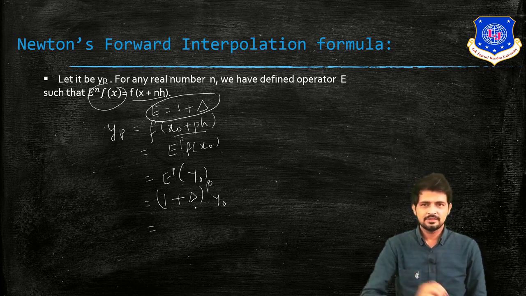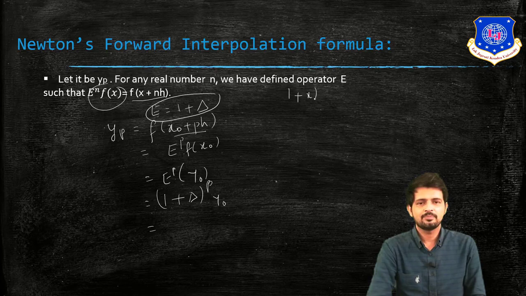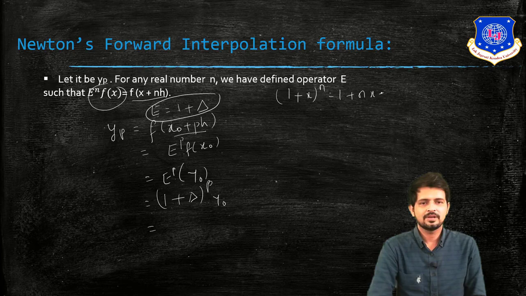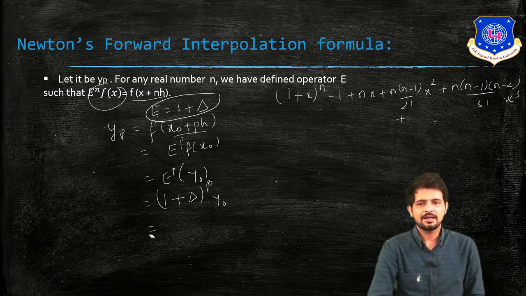See, before solving this, you should know the binomial theorem formula. What is the binomial theorem formula? I am writing here. If 1 plus x raised to n is given, it can be written as 1 plus nx plus n into n minus 1 upon 2 factorial x square, then n into n minus 1 into n minus 2 upon 3 factorial into x cube, and so on. So we have to apply this here.